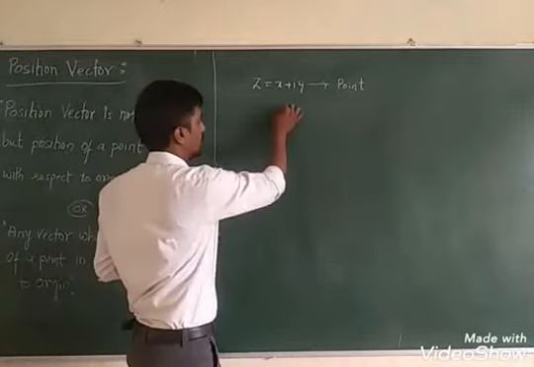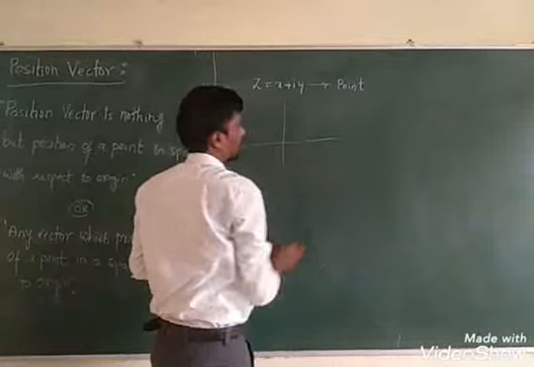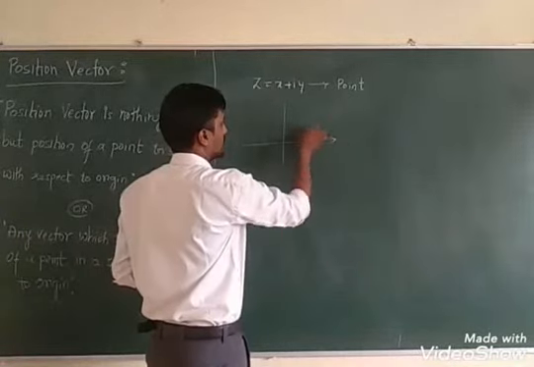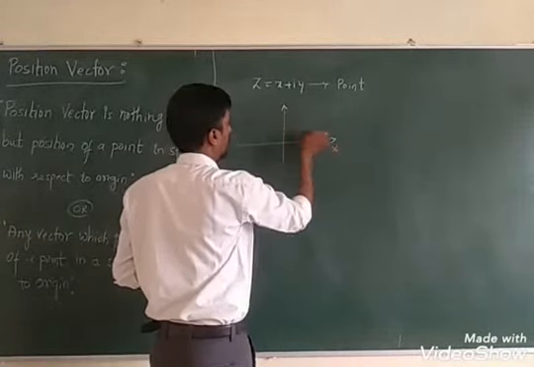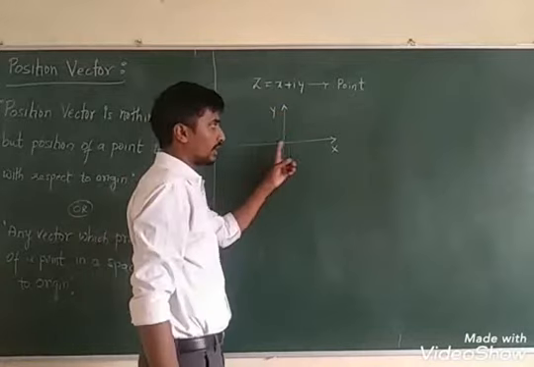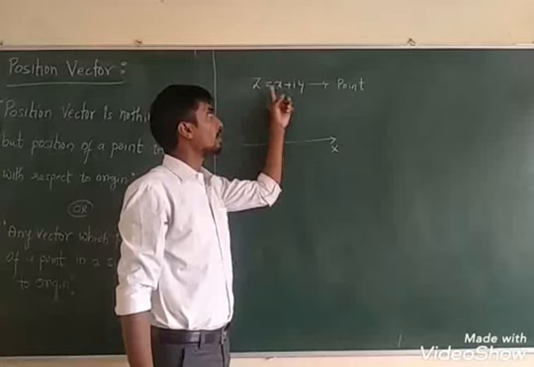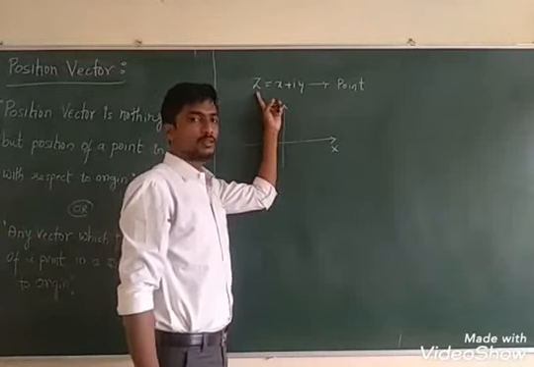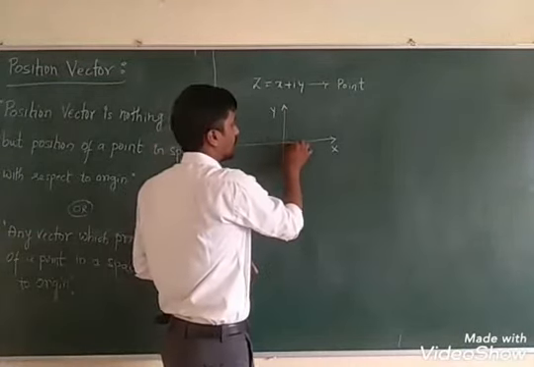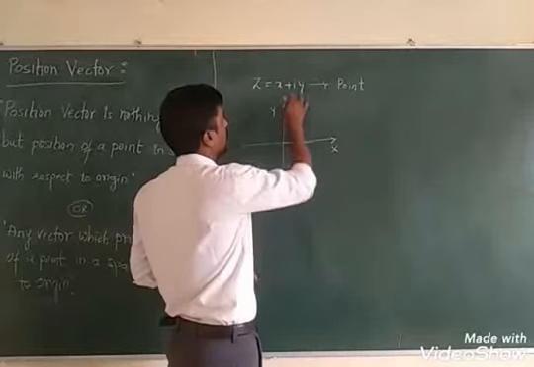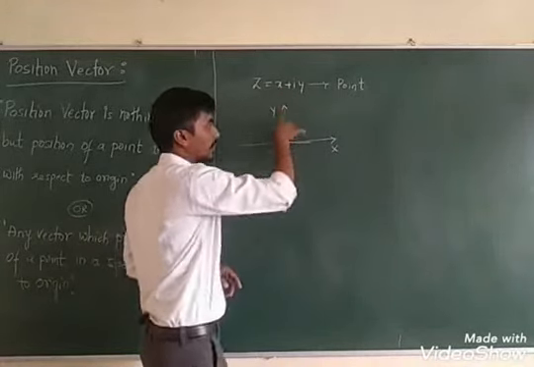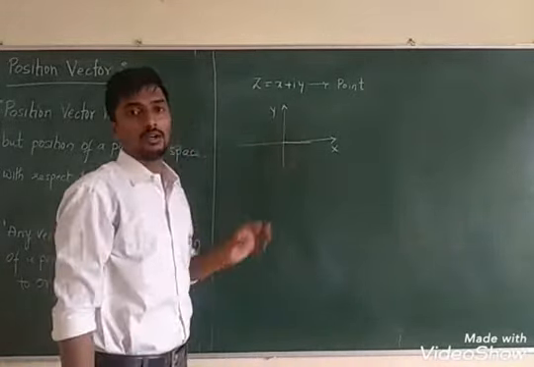So if you divide a plane, this is what we have: x axis and y axis. Along the x axis we are going to define the real part of the complex number, and along the y axis we are going to define the imaginary part of the complex number.